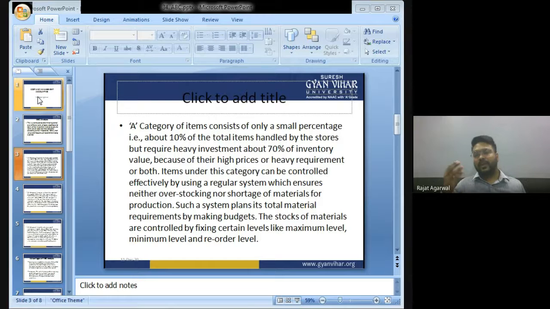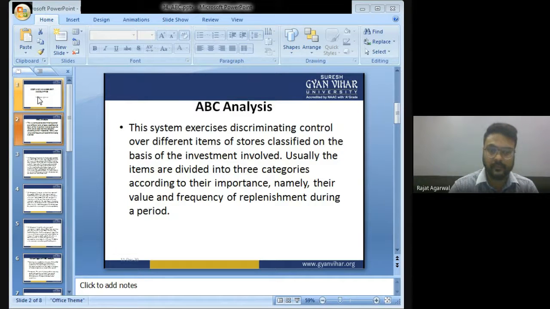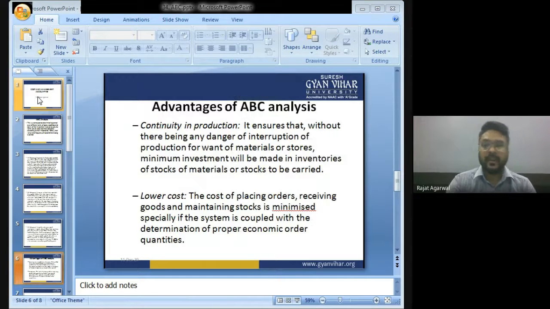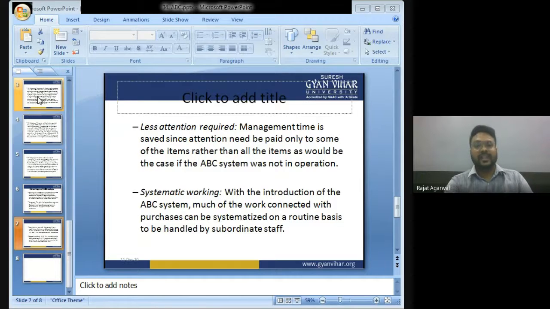And we will put least amount of care and focus on the items of C category. So in ABC analysis, we divide the material into three categories, that is A, B, C. So children, these items are divided into three categories according to their importance. Now, the advantages of ABC analysis are continuity in production, lower cost, less attention required, and systematic working.